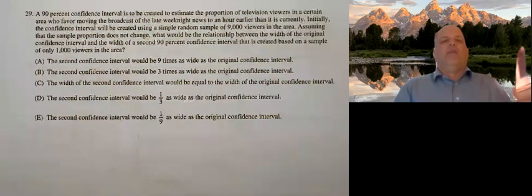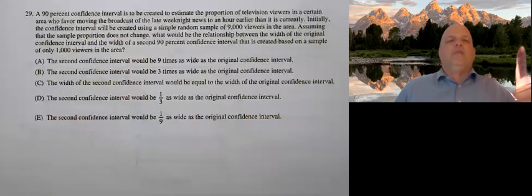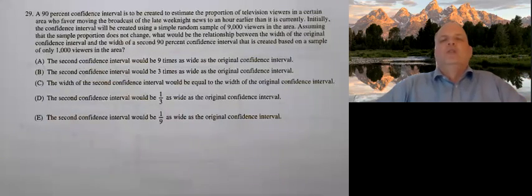Number 29. A 90% confidence interval is to be created to estimate the proportion of television viewers in a certain area who favor moving the broadcast of the late night weekend news to an hour earlier than it is currently. Initially, the confidence interval will be created using a simple random sample of 9,000 viewers.